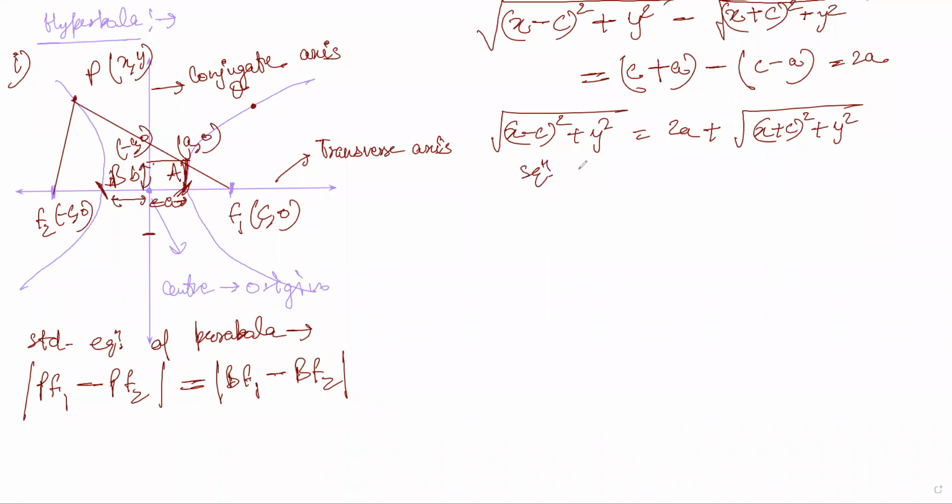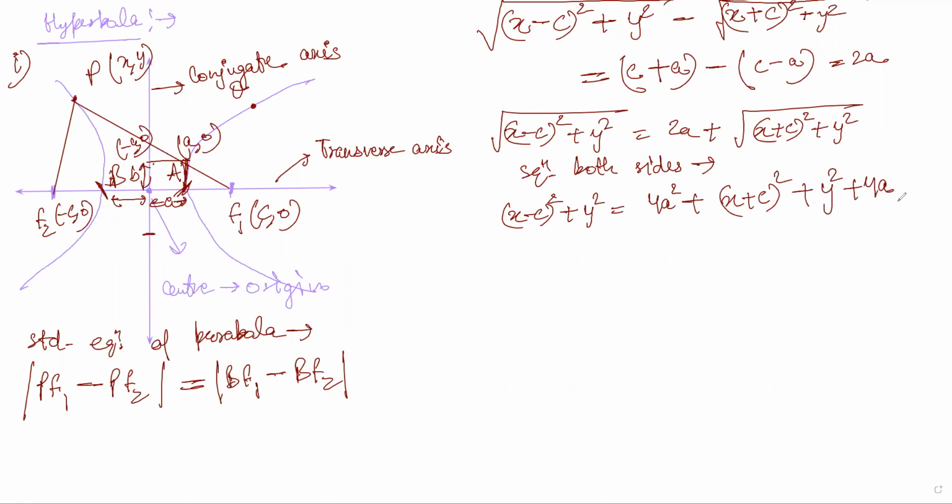Squaring both sides, this becomes x minus c whole square plus y square is equal to 4a square plus x plus c whole square plus y square plus 4a root over x plus c whole square plus y square.